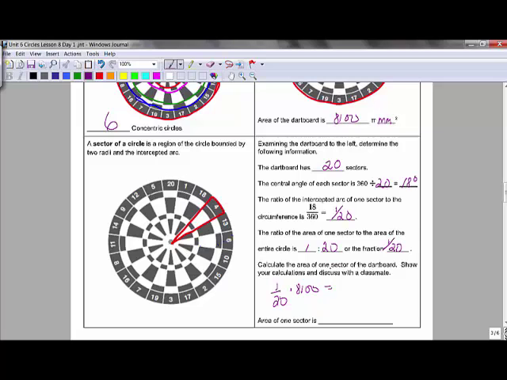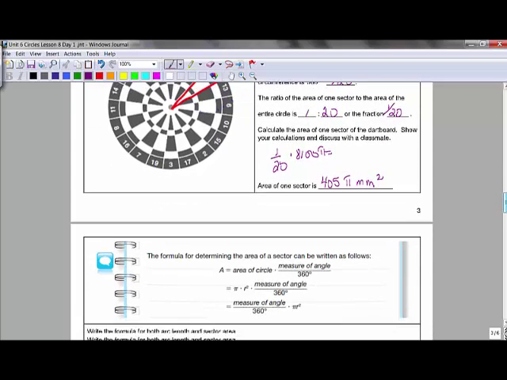So we have 8,100 divided by 20 is 405 pi millimeters squared. And you could check that, multiplying the 405 by 20 to get back to the 8,100.